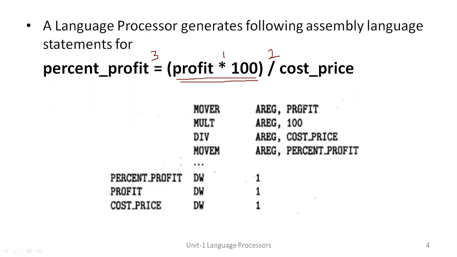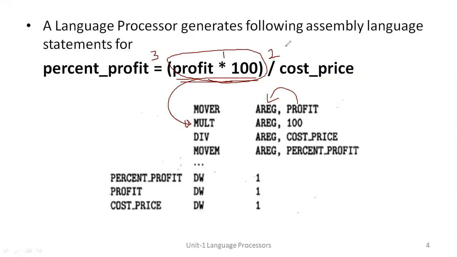So MOVER A register, profit will move profit to A register. Now next statement is MULT A register, 100. So this particular operation will be done by this particular instruction MULT. Next is DIV A register, cost price.